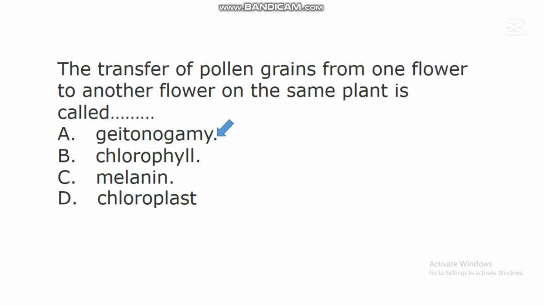This geitonogamy is the transfer of pollen grains from one flower to another flower on the same plant. So this occurs in plants. In this situation, the pollen grains will be transferred from one flower to another flower existing on the same plant.